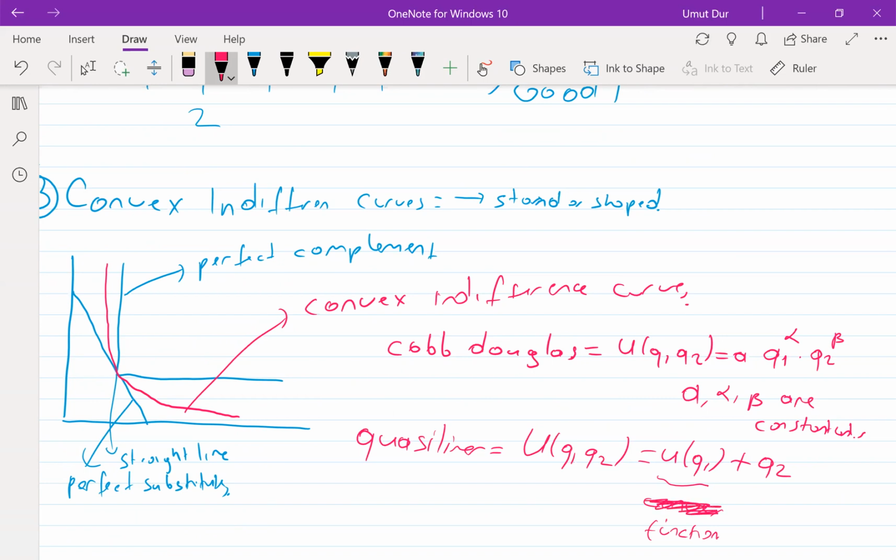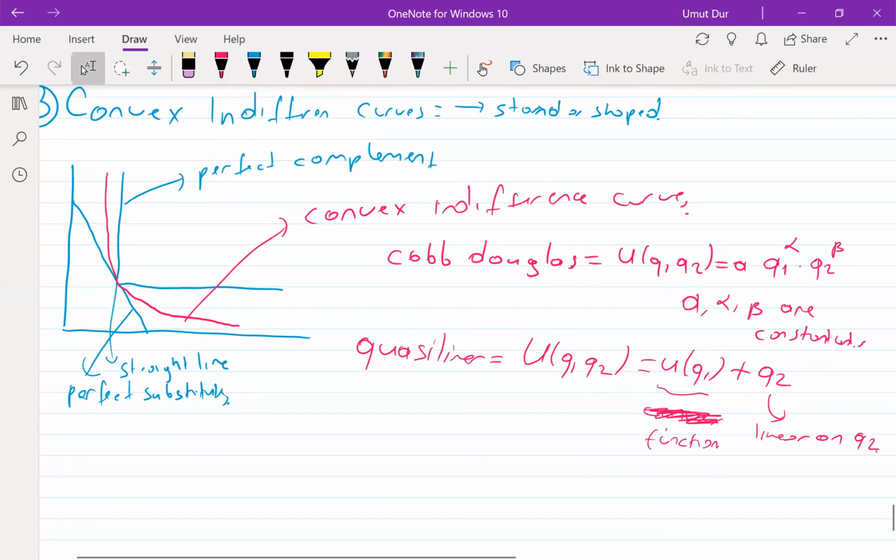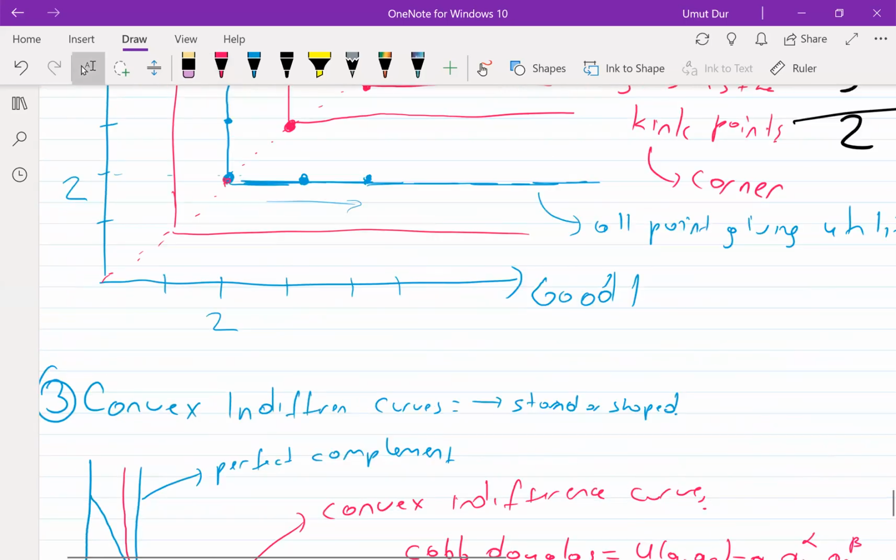Let's forget about convexity here. It's some function of Q1. It doesn't have to be linear, but the point is that this function is linear in Q2. Q2 is additive here. That's the main point.